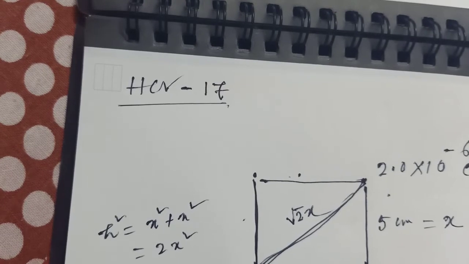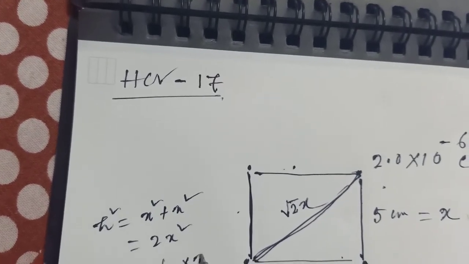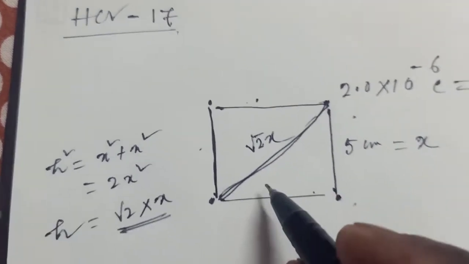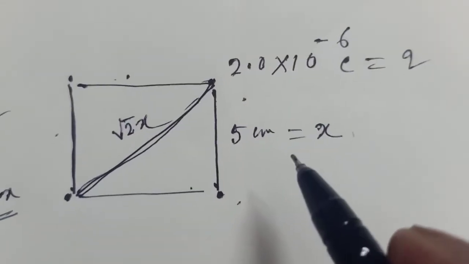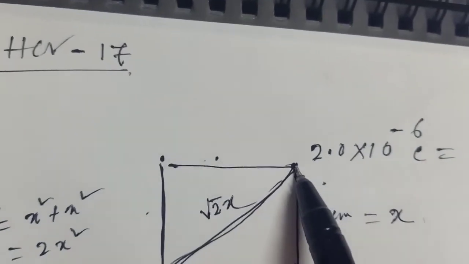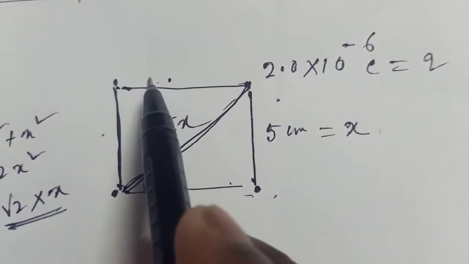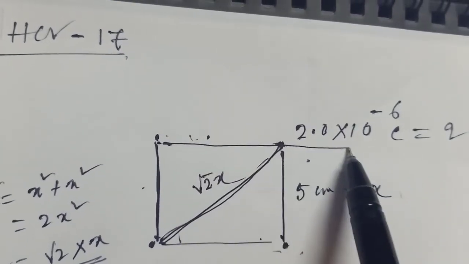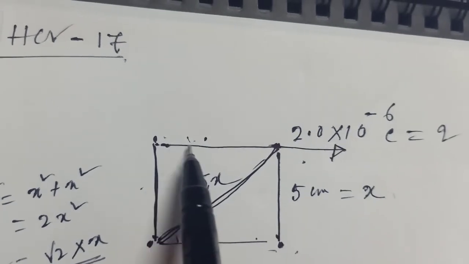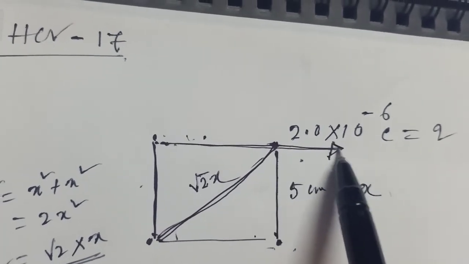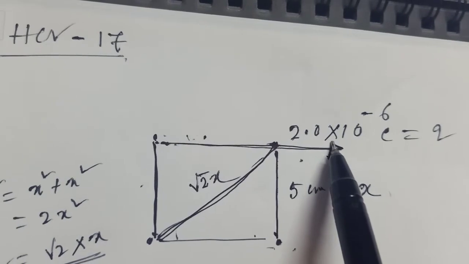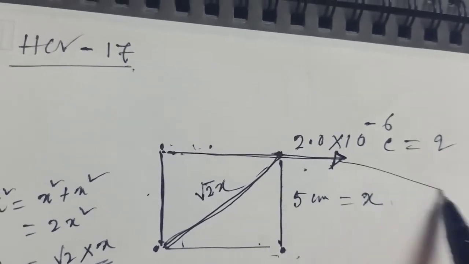So the hypotenuse equals root 2 into x. Then if we calculate the forces due to these three charges on that particular charge, these forces act along these directions, repelling along this direction. So this is the repulsion force.